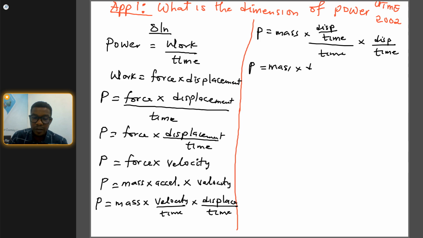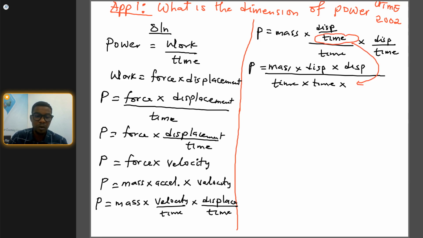So we have displacement multiplied by the second displacement, over initially time, just 2 of it at the denominator. So we have time multiplied by time, times this particular one here, we come to the denominator also.